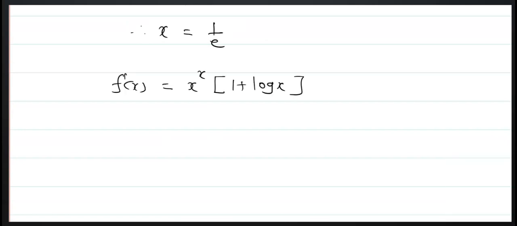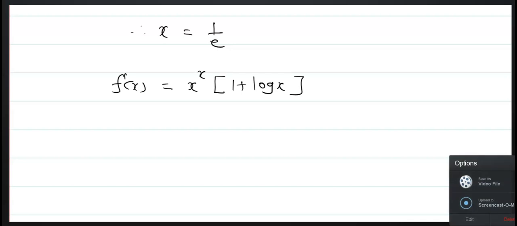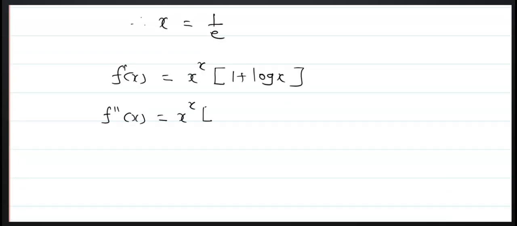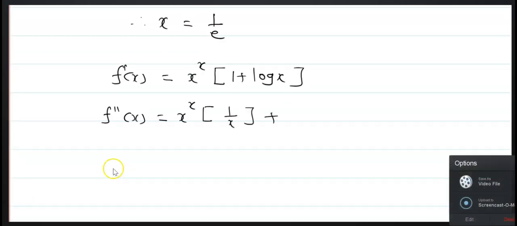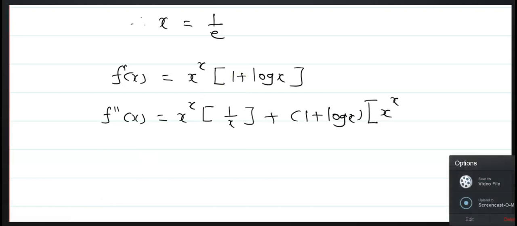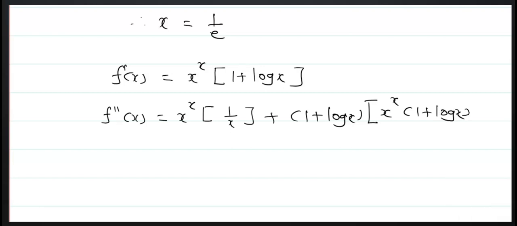f dash of x is equal to x raised to x, in bracket 1 plus log of x. f double dash of x is equal to x raised to x and the derivative of 1 plus log of x. The derivative of 1 is 0, and of log of x is 1 upon x. And the next is 1 plus log of x and the derivative of x raised to x, that is x raised to x in bracket 1 plus log of x.